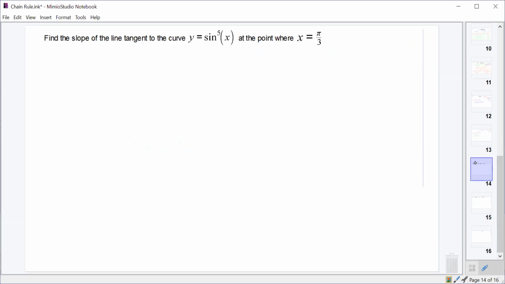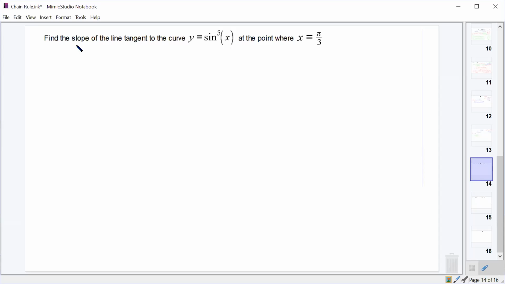All right. Let's see if we can find the slope of the line tangent to y equals sine to the 5th x at the point where x is pi over 3. So what's our first step going to be here? Anybody? First step?